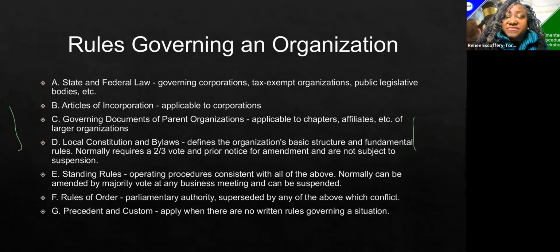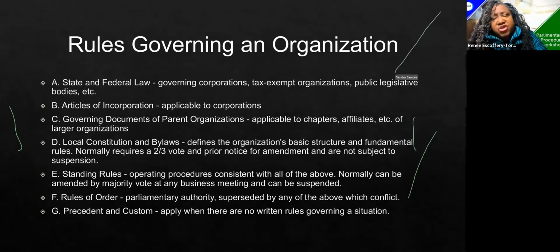Some call them constitutions. Some just have bylaws. Some have constitution and bylaws. Some have manuals of standard procedure. All of those kinds of things are the governing documents of the parent organizations. There is one organization to which I belong, and they have a handbook, and the handbook is the governing document of the entire organization.